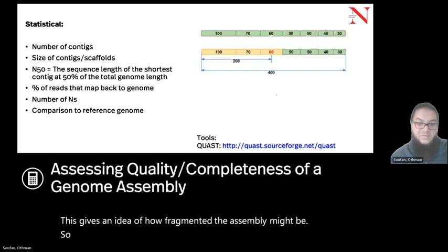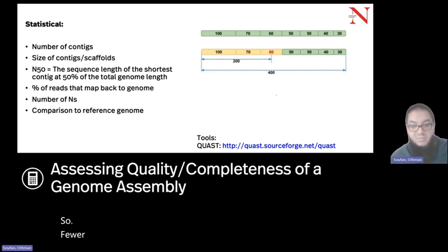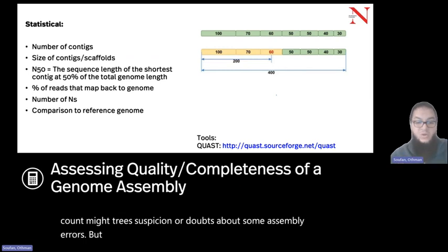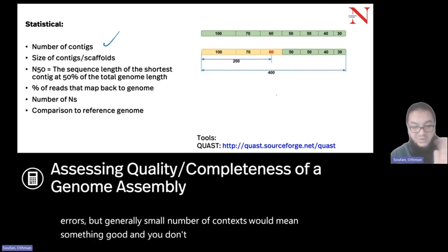So fewer contigs would suggest a more contiguous assembly. Okay. Now, we have to be careful because an exceptionally low contig count might raise suspicion or doubts about some assembly errors. But generally, a small number of contigs would mean something good. And you don't look at only one number, okay?